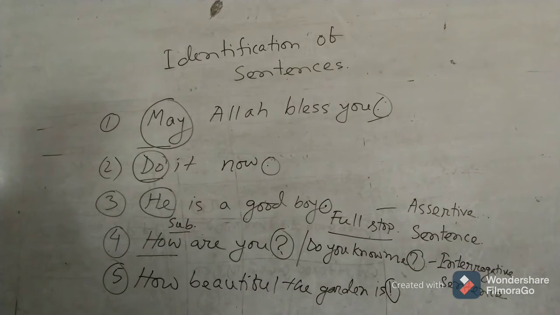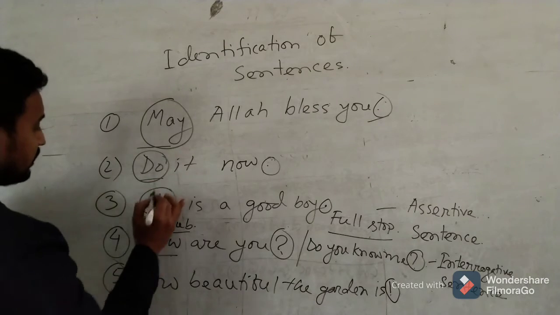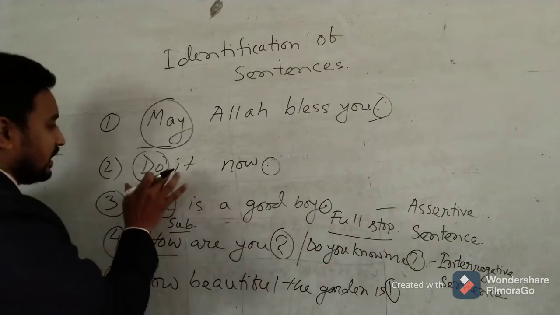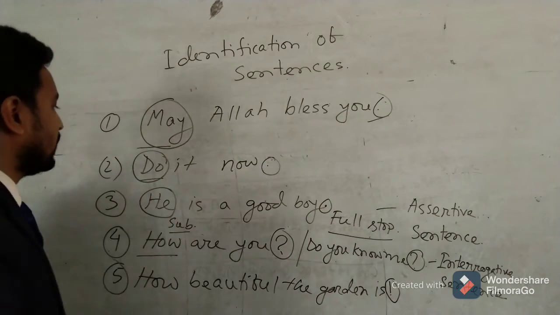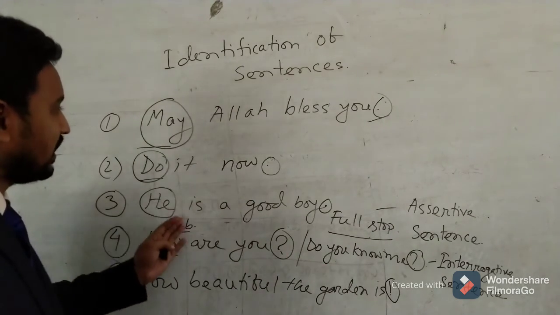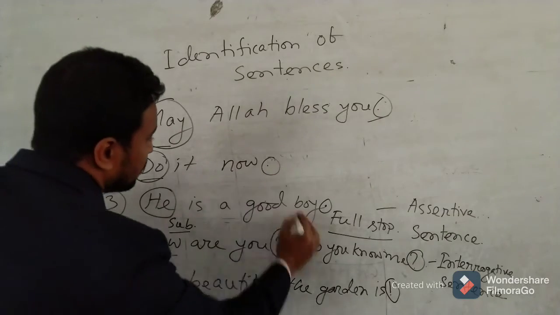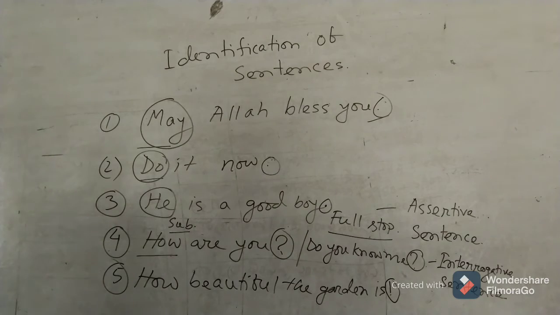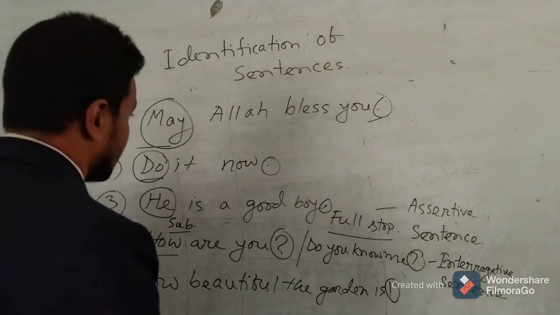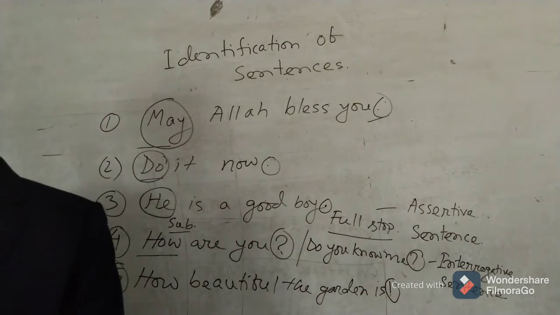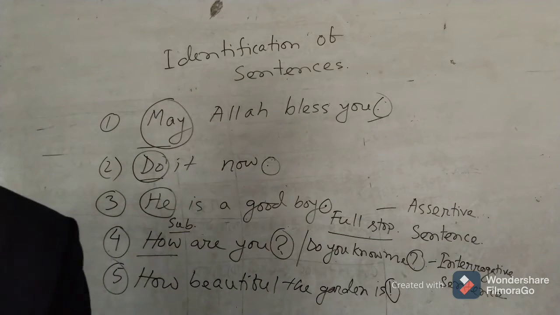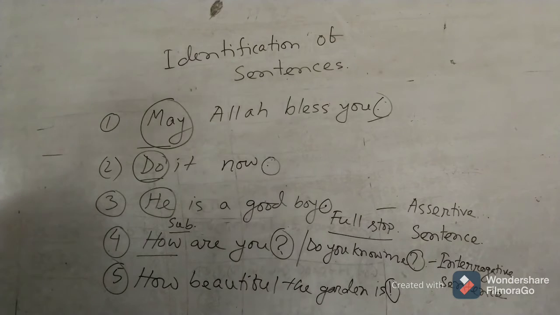And if a sentence begins with a verb and ends with a full stop, we can say that it is an example of imperative sentence, a sentence with which we advise, order, or request.